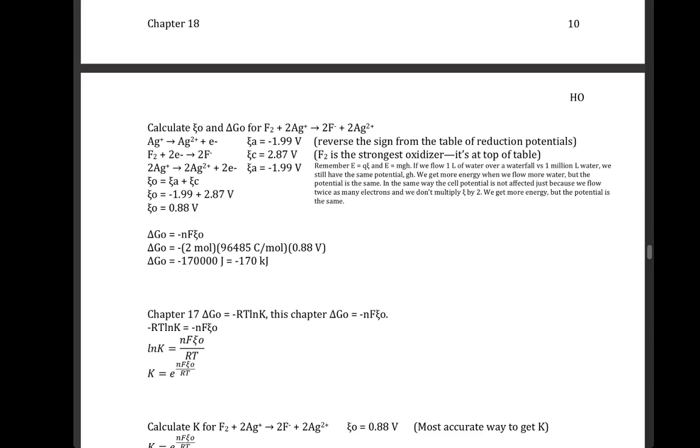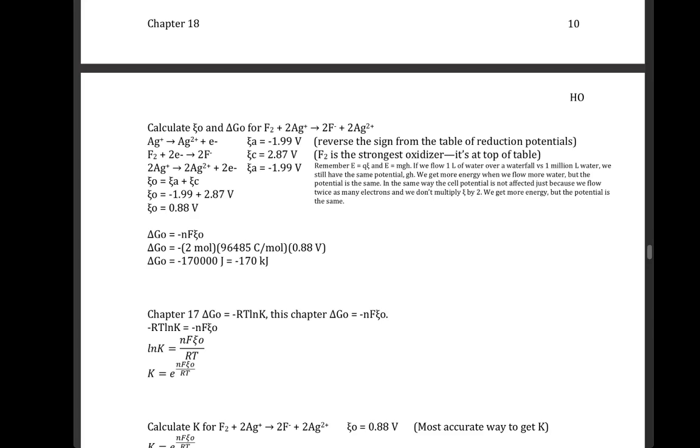So we were also asked to calculate delta G naught, so we have delta G naught is equal to minus nFE naught, which is negative 2 moles of electrons per mole of reaction, because we have 2 moles of electrons involved, 2 moles being lost by the 2 Ag+, 2 moles being taken on by the F2. We have times Faraday's constant, 96485 coulombs per mole of electrons, times the potential, 0.88 volts.